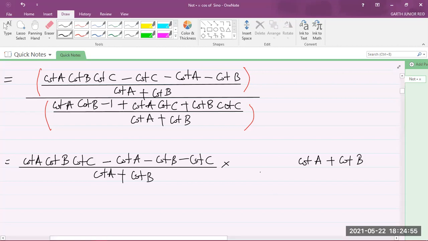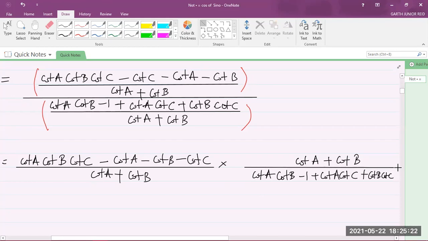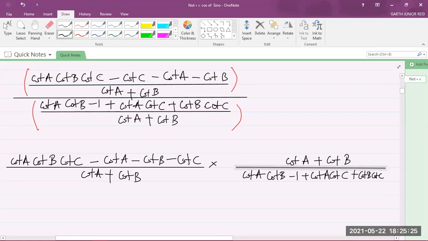And in my denominator, I'm going to have the cot of A times the cot of B, minus 1, plus cot A times cot C plus cot B cot C. That's what I have.